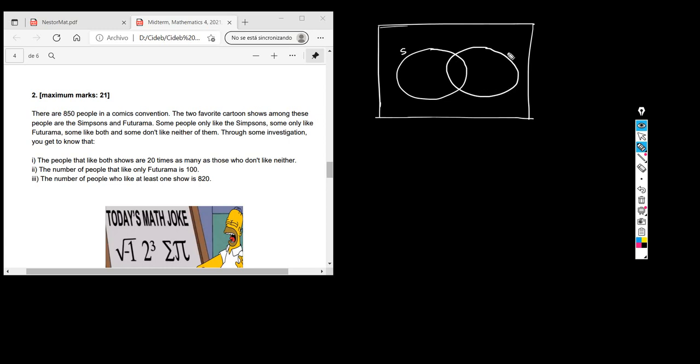I'm going to write S and F to represent that idea. These two circles divide the whole rectangle into 4 different and non-overlapping areas: this one, this one, this one, and the one outside.